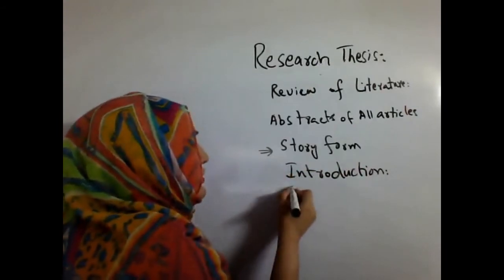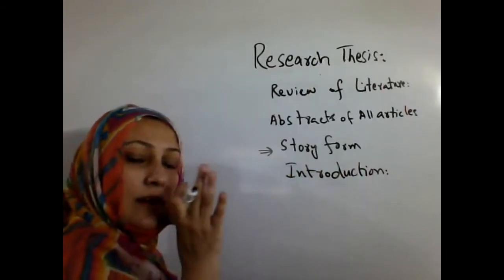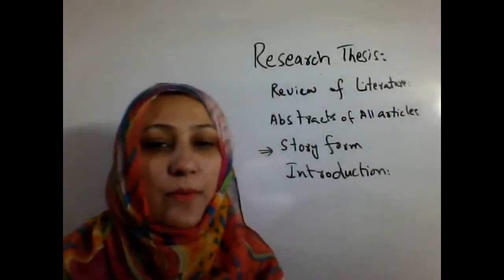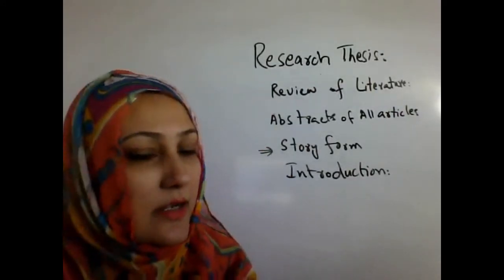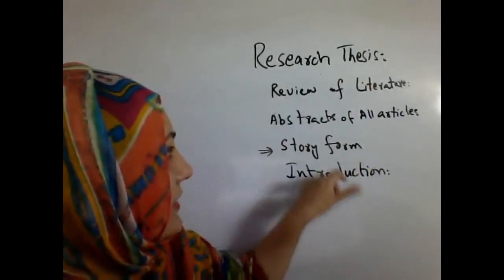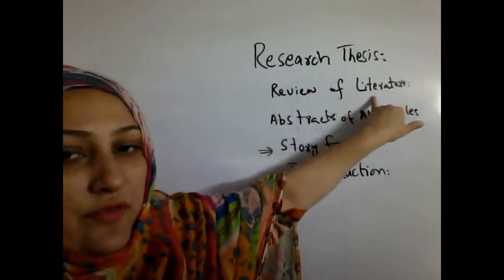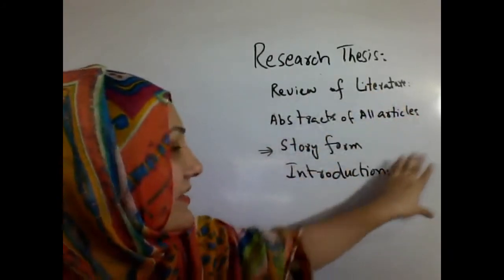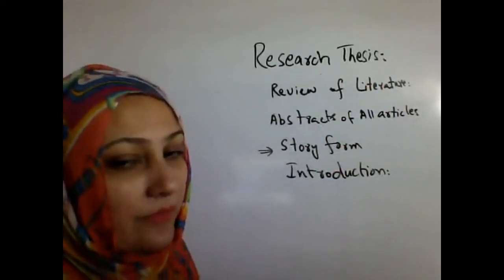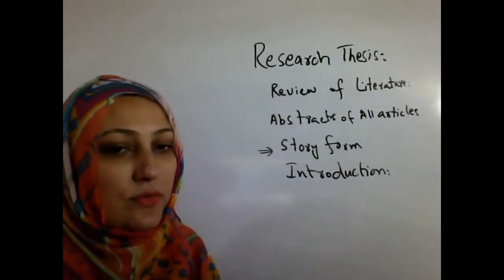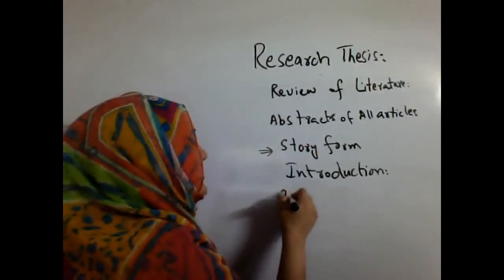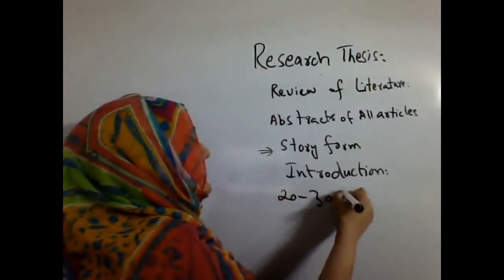You divide your specified topic into different parts, and the different parts are justified according to the review of literature in a comprehensive manner. It is greater than the introduction. If the introduction is 3 to 10 pages, then the review of literature may be 20 to 30 pages.